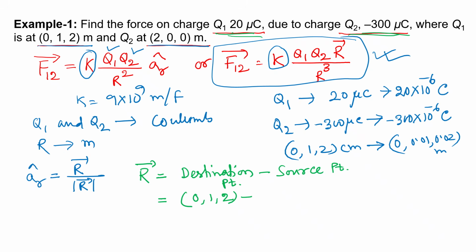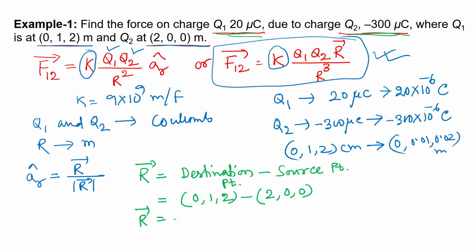In our case we want to calculate force on Q1, and Q1 is located at 0, 1, 2. So my destination point will be 0, 1, 2, and the force is applied by Q2. So Q2 will be the source point, and Q2 is located at 2, 0, 0. So by subtracting this I will get r vector.